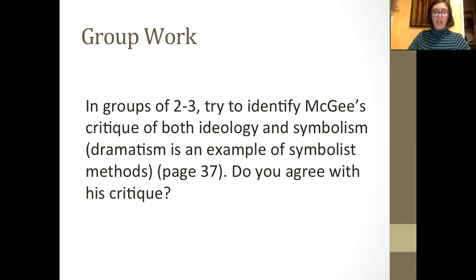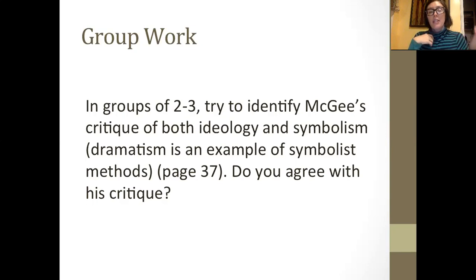So on page 37, I think he does it a little bit in the introduction on 36 too, McGee starts talking about the problems he sees within ideology and symbolism. These two ways of looking at the world are very different, at least at the time when he's writing this essay.